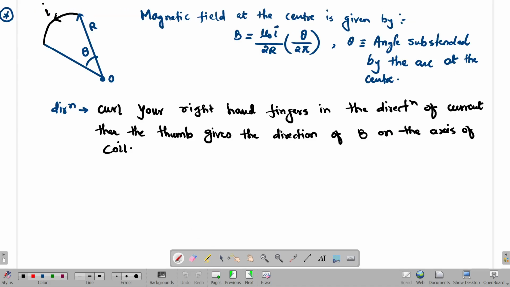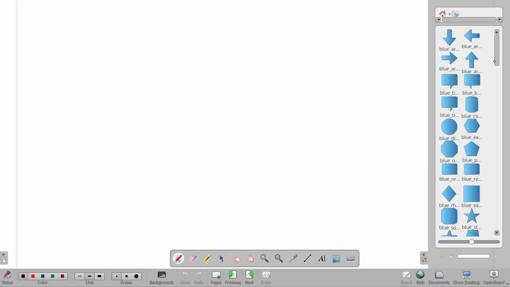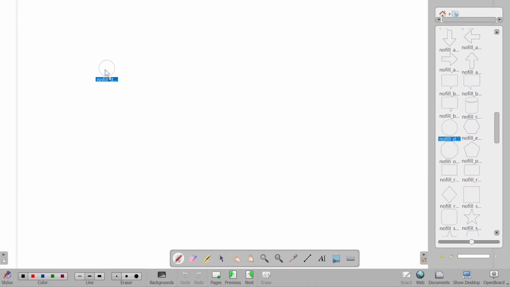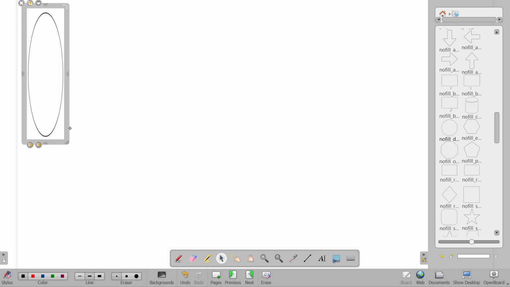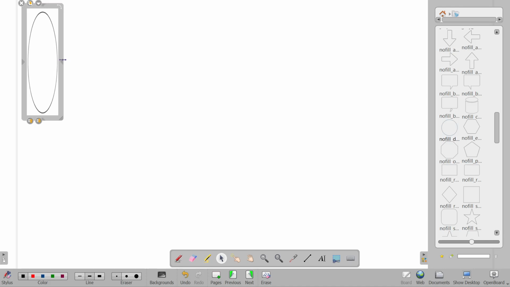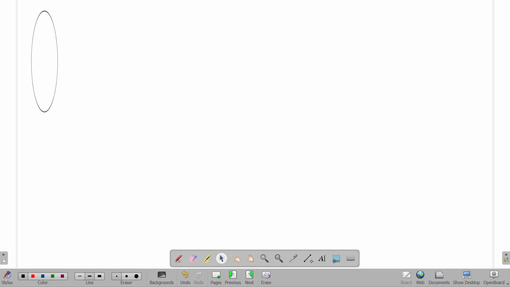But what happens if we consider the circular coil like this way, and I want to find the magnetic field on the axis of the circular coil, at this point somewhere over here?